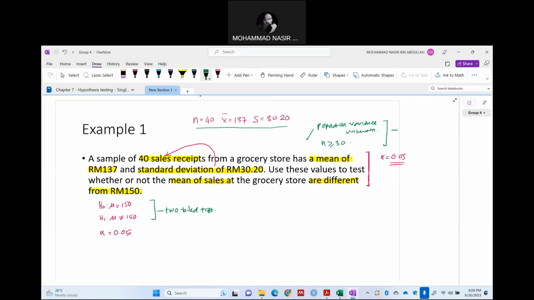So we will use Z distribution, x bar minus mu divided by S over square root of n. So our test statistic Z is x bar minus mu naught divided by S over square root of n.